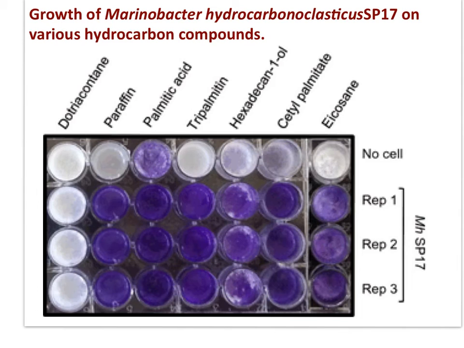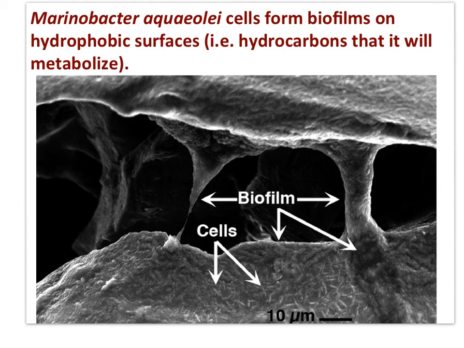You can see the evidence here as films of Marinobacter cells grow well on various organic hydrocarbons. The presence of Marinobacter is seen as stained purple in this experiment. Marinobacter species will form biofilms, seen here, on hydrophobic surfaces, or in other words, on the hydrocarbons that it will metabolize.